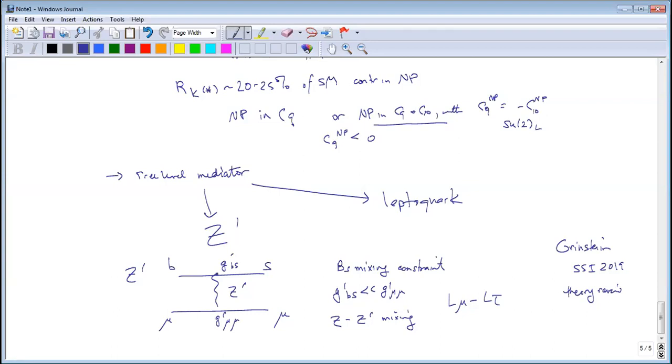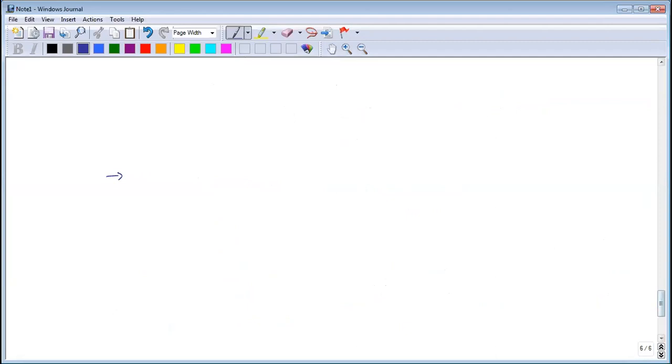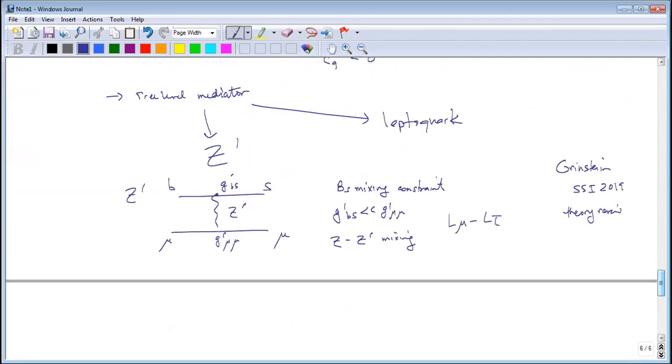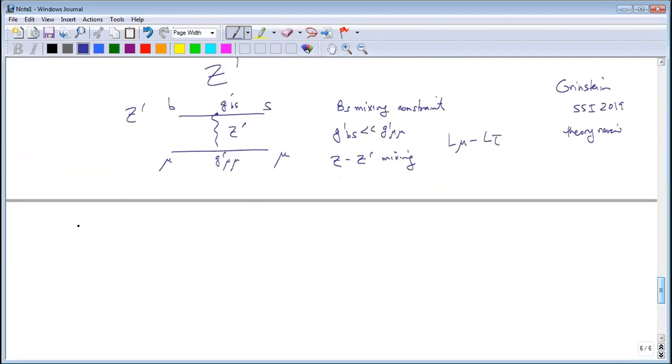One could spend lots of time talking about the Z prime, but let's talk about the leptoquarks. These are another set of possibilities. Let's just draw a cartoon of what they can look like.